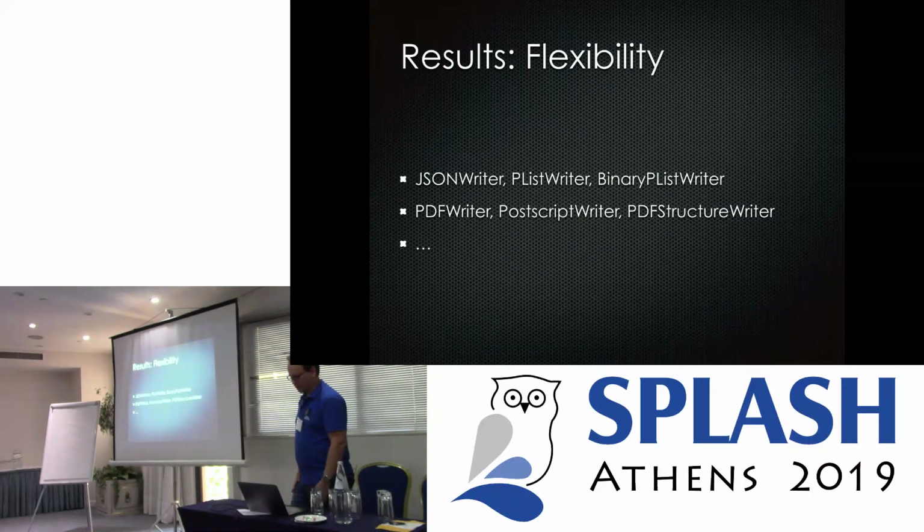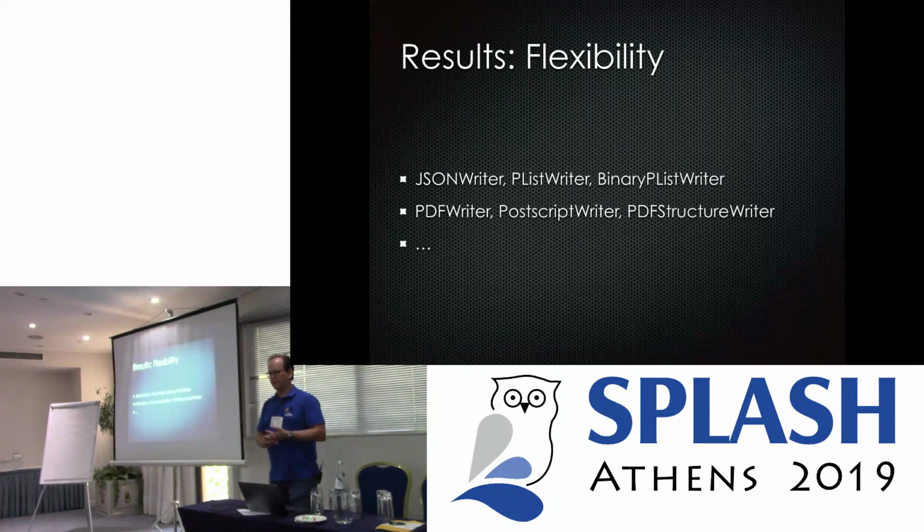And for flexibility, this is part of the open source project, MPW Foundation, and there is a plethora of substreams that are implemented very simply. There's also the PDF and PostScript writers, and for example, the PDF file has a graphics component and a structural component. Those are subclasses because they're slightly different. And again, each of these cases would be very onerous to implement from scratch.